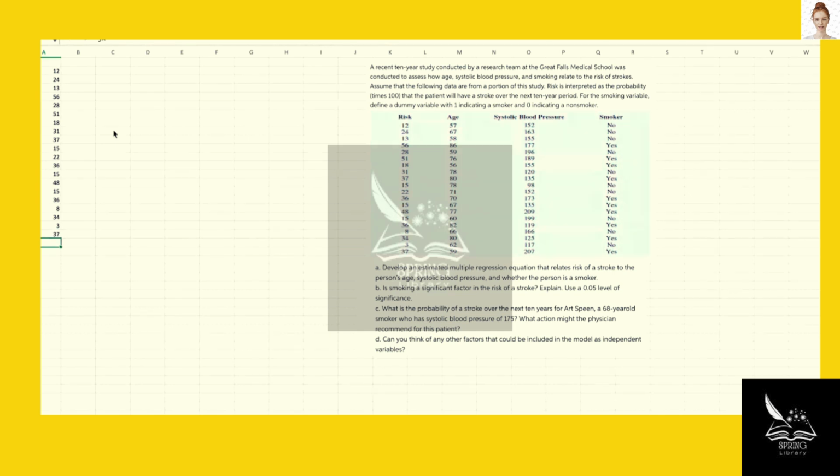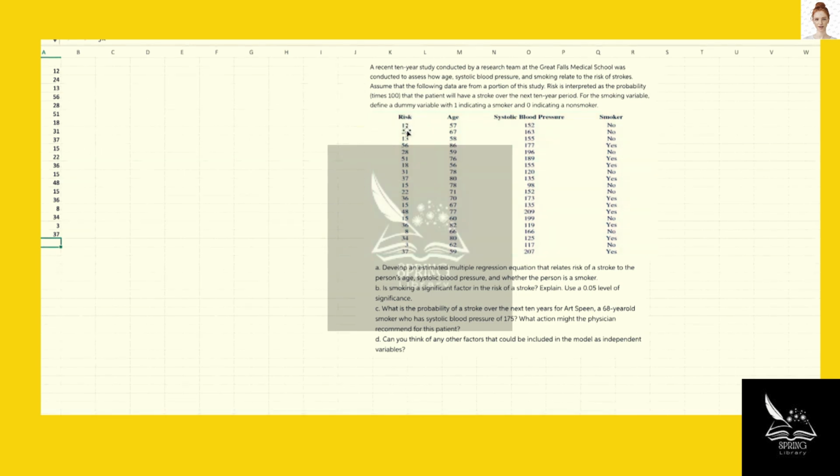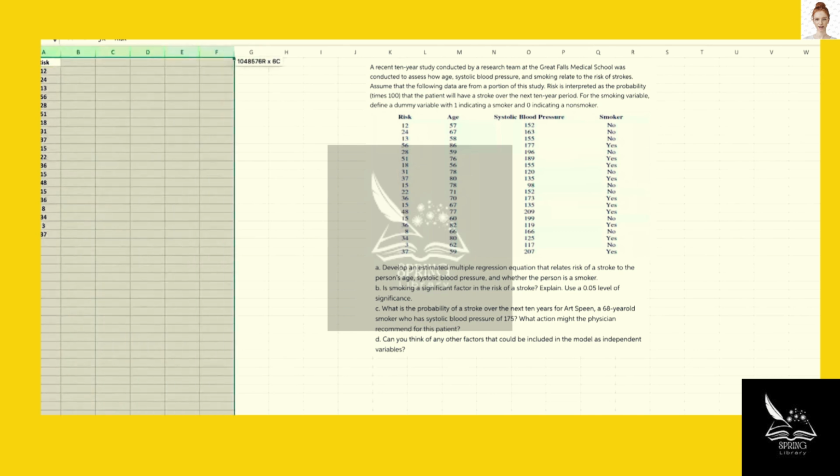And I'm just going to count the numbers because I just want to make sure that I got all of them. So 1, 2, 3, 4, 5, 6, 7, 8, 9, 10, 11, 12, 13, 14, 15, 16, 17, 18, 19, 20. Okay, perfect. So 20. And I'm just going to make these numbers bigger.